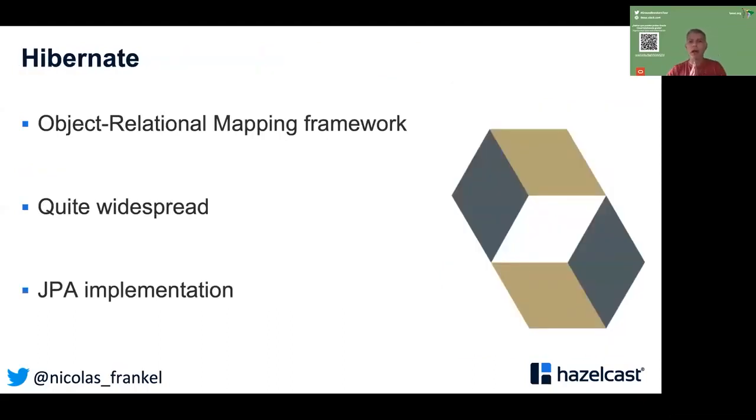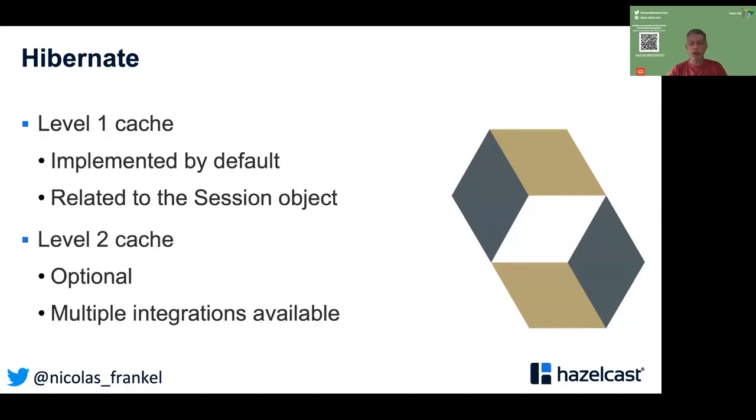First, I guess that a lot of people here know about Hibernate. It's an age-old object relational mapping, quite widespread in Java, and it has been a JPA implementation for a long time. Probably you've come across caching in Hibernate.